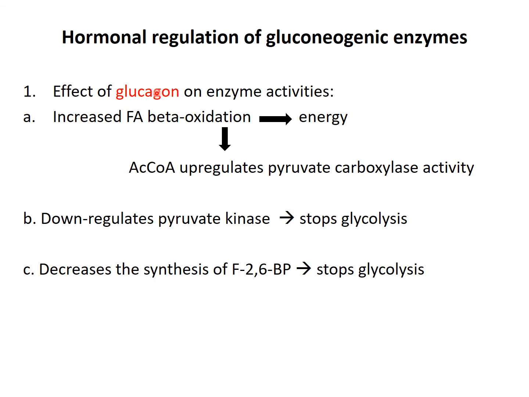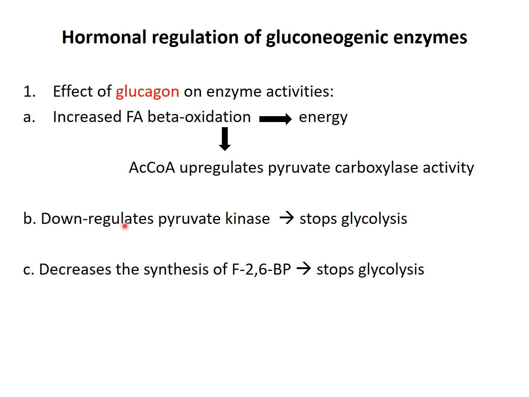In what way? Again, I am building a story here, so I will look not only for gluconeogenesis, but for other pathways too. 1. Glucagon signal to the liver cell will upregulate beta oxidation of fatty acids. Good for us because it produces energy. It also produces acetyl coenzyme A, which will upregulate pyruvate carboxylase activity.